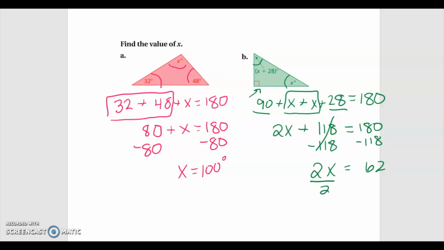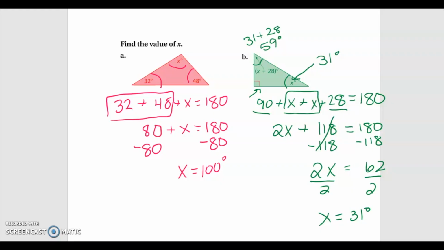Then I need to divide by 2, and so x equals 31 degrees. So what that means is that this angle here is 31 degrees. Now I can find the top angle, because the top angle is x, 31, plus 28. So that means this top angle here is 59 degrees. And so now I know all three angles in my triangle.